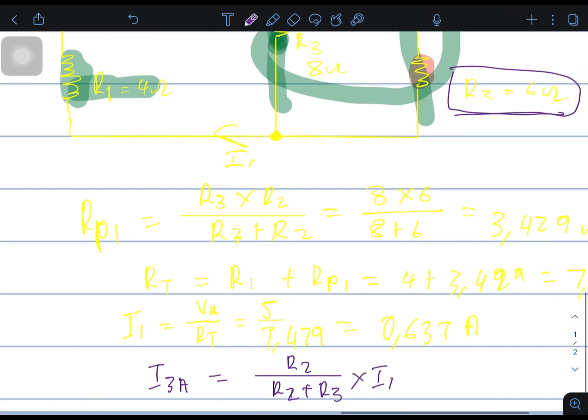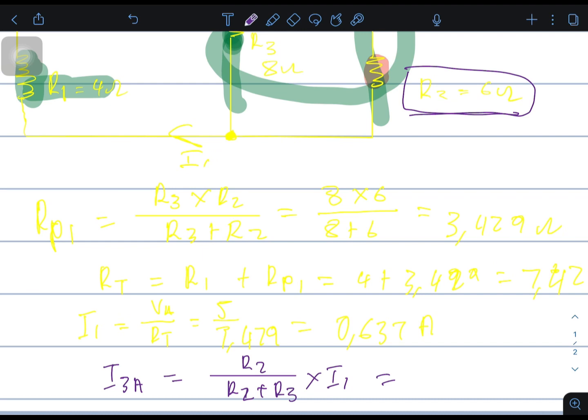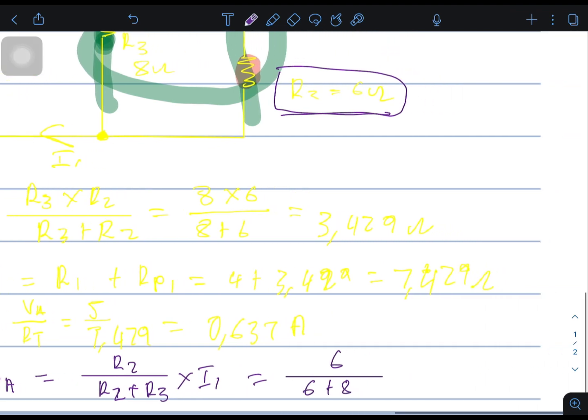I1 is the total current, so this is 6 over 6 plus 8 times 0.637, which is going to be 0.288 amps.